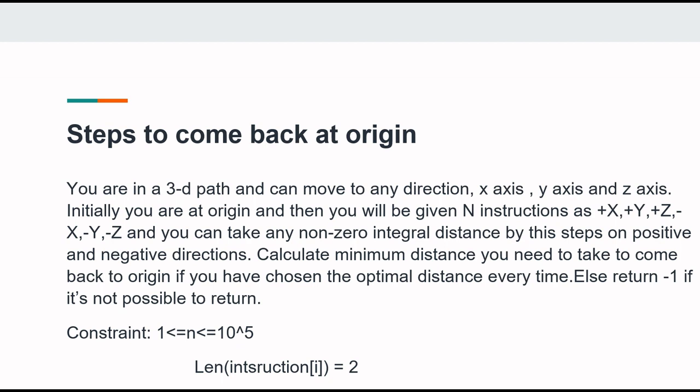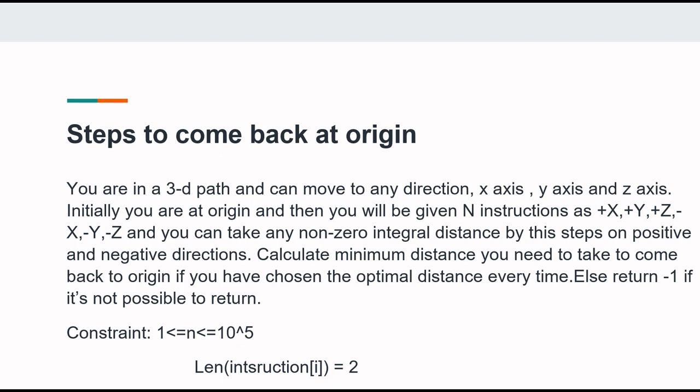Basically plus means I can take positive steps and minus means I can take negative steps. And non-zero integral distance means the distance I take cannot be 0. So every time I need to take at least one step, or I can take any value, 1, 2, 3, 4.